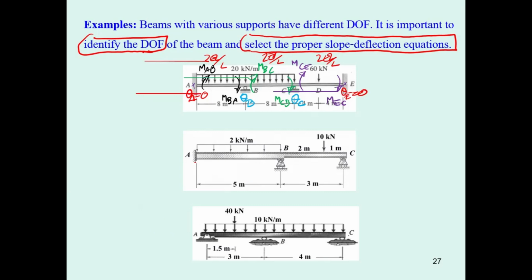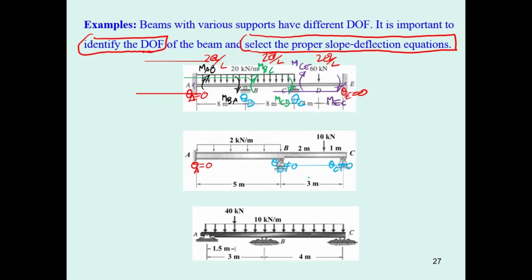Now, the second one, theta sub A is going to be 0. And then over here, theta sub B won't be 0, theta sub C won't be 0. The second problem has 2 degrees of freedom.